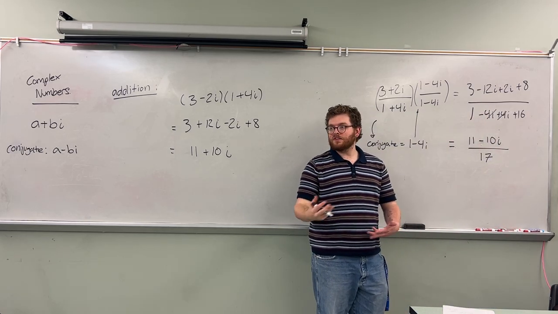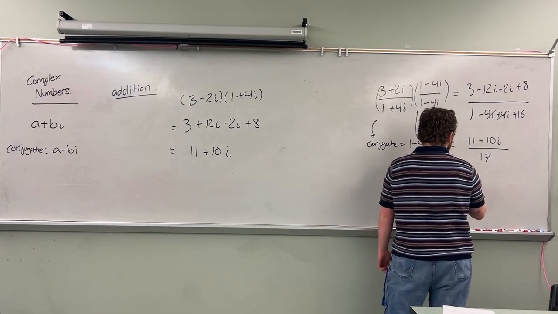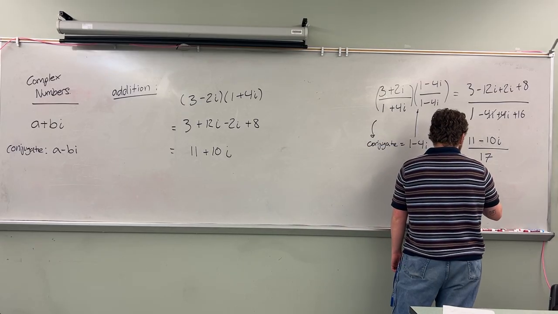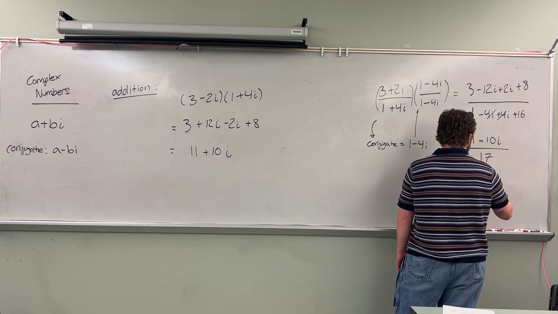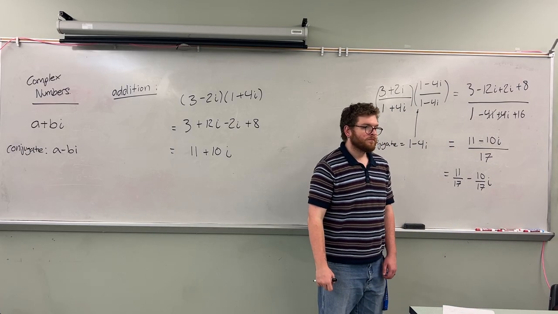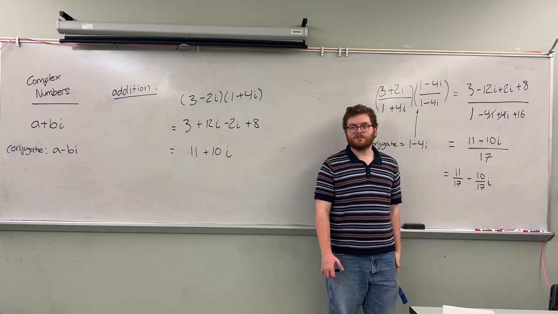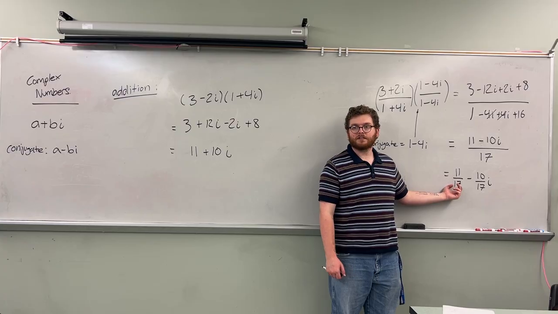If I want to write this now as strictly a real and complex part, I got 11 over 17 minus 10 over 17i. Right, if I have the same denominator for my fraction, I can split it into the 2 different fractions. So that's what I've done here.